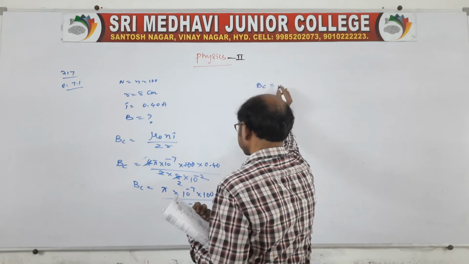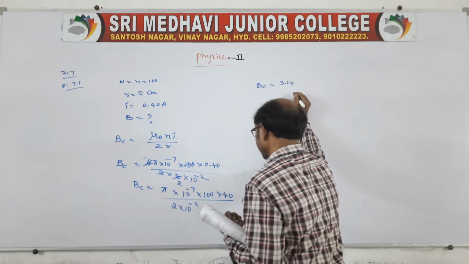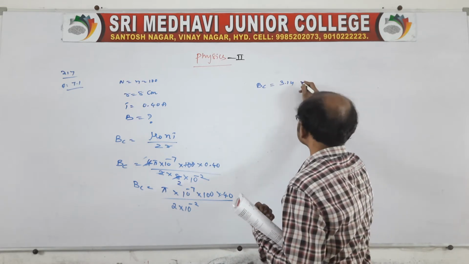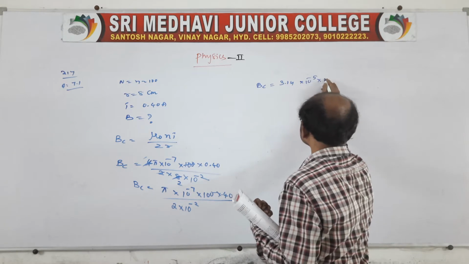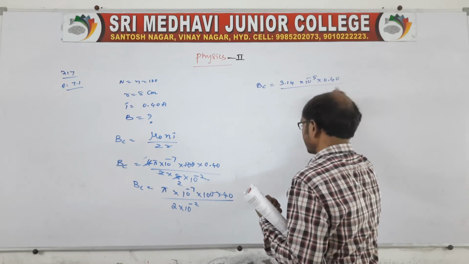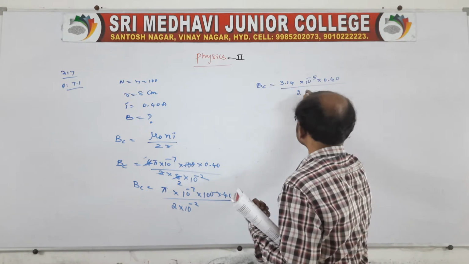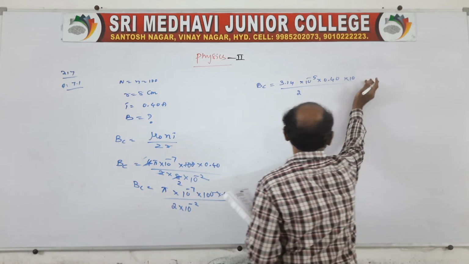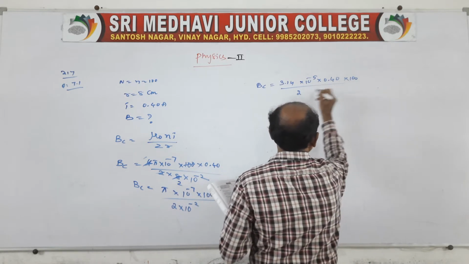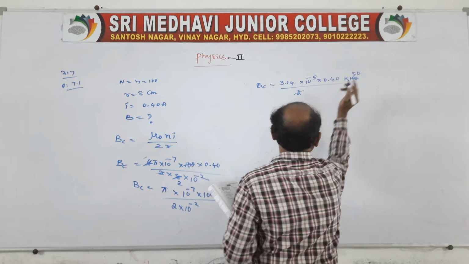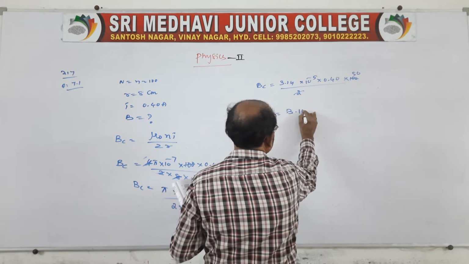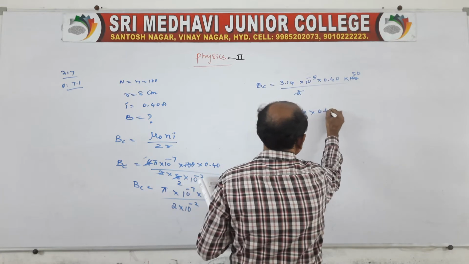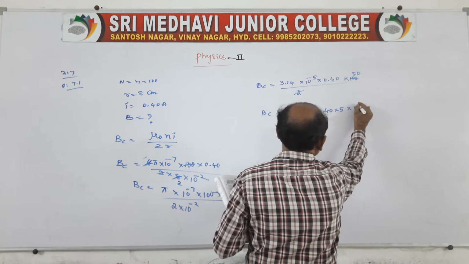BC at the center is equal to 3.14 into 10 power minus 5 into 0.40 by 2 into 10 power 2. So 10 power 2 in the denominator becomes 50. So BC at the center is equal to 3.14 into 0.40 into 5 into 10 power minus 4.